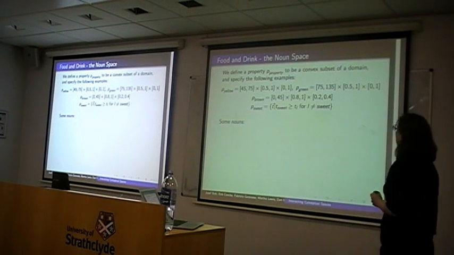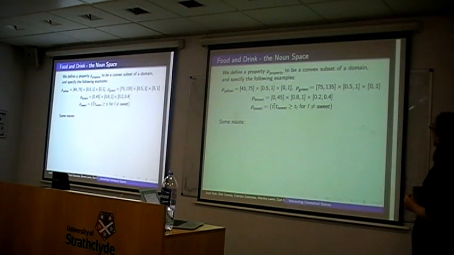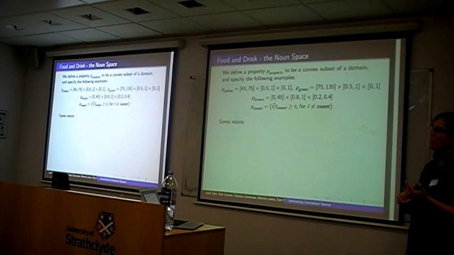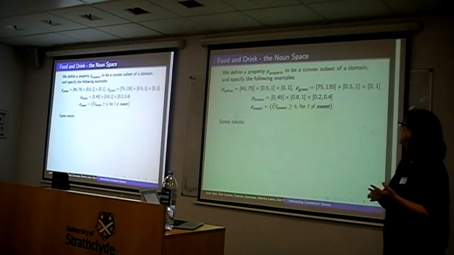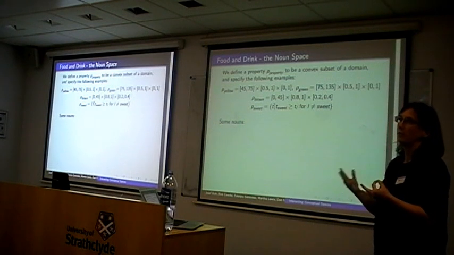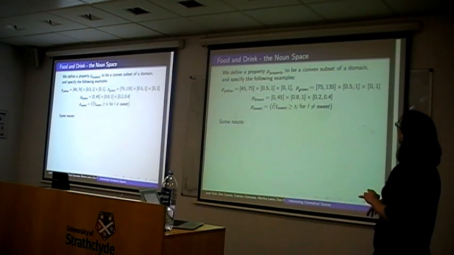So let's start setting up an example. Let's say we've got some domains. We're going to have the domain of colour, taste and texture, and we're going to be talking about food and drink defined by colour, taste and texture.